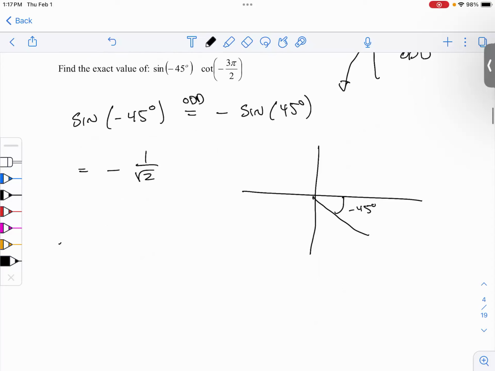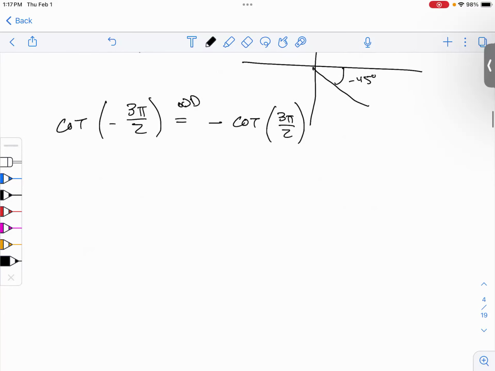Similarly, cotangent of negative 3 pi over 2. Again, using our properties of even and odd, cotangent is an odd function, which becomes negative cotangent of 3 pi over 2.